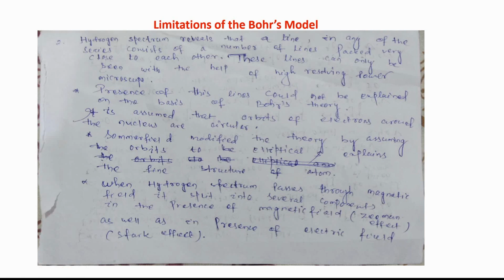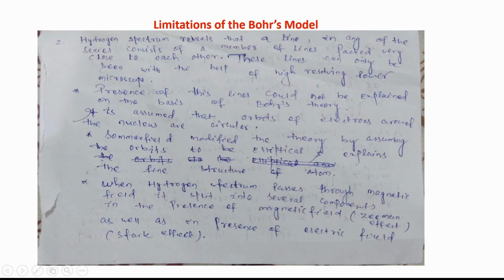Then come to the limitations of Bohr's model. In previous classes we have discussed the limitations of the Thomson model and the limitations of the Rutherford model. Like that, today we will discuss the limitations of Bohr's model.